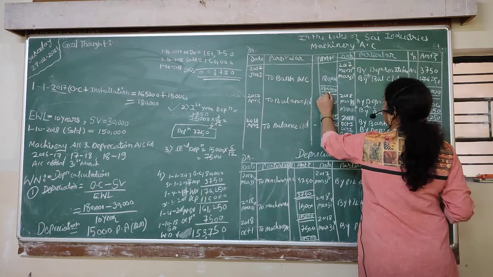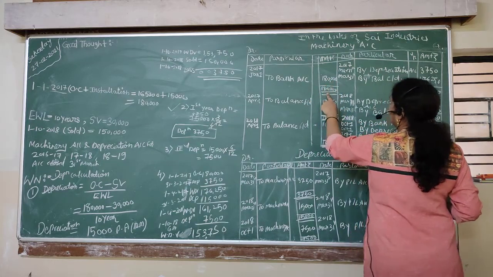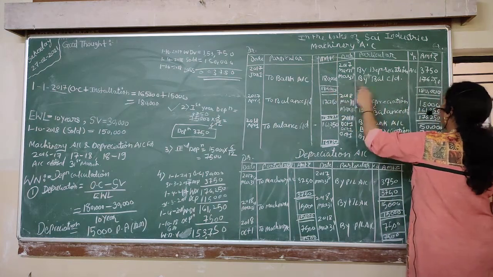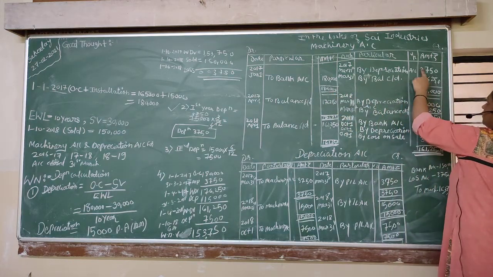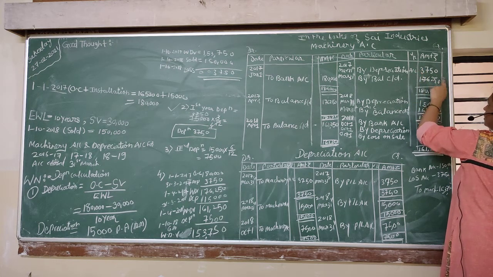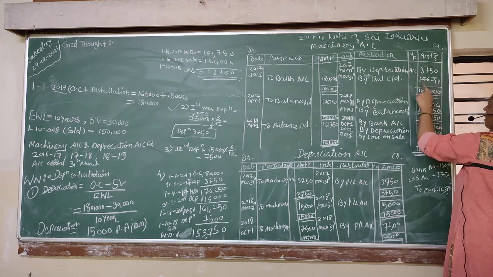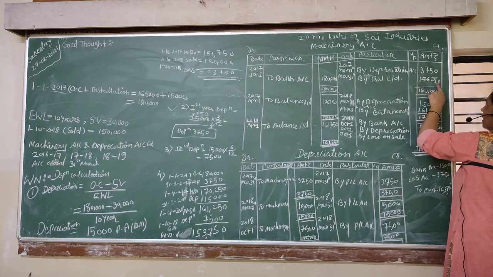So the debit side total is 1,80,000, and this is the higher total. So that's why we will write this total on both sides. So I have written the total. After that I will deduct the lesser side, that is the credit side 3750. So 1,80,000 minus 3750, I will get the amount 1,76,250.